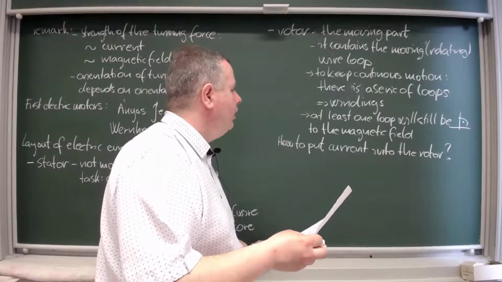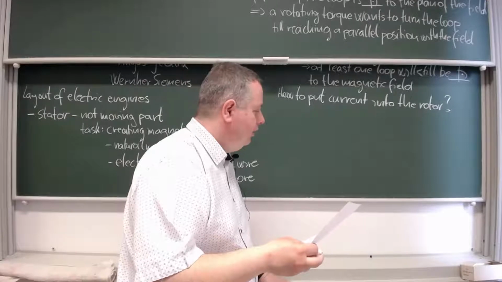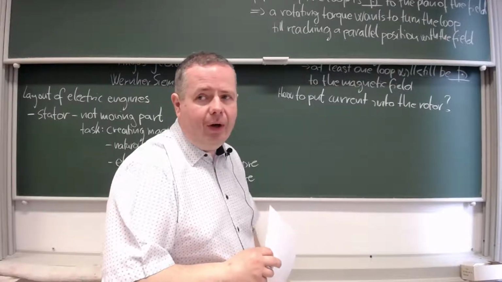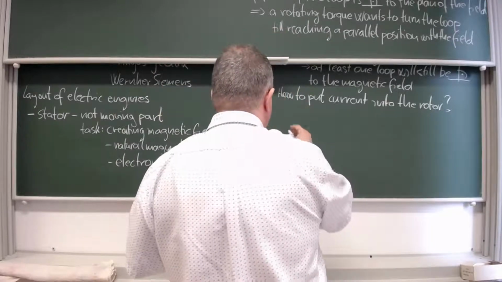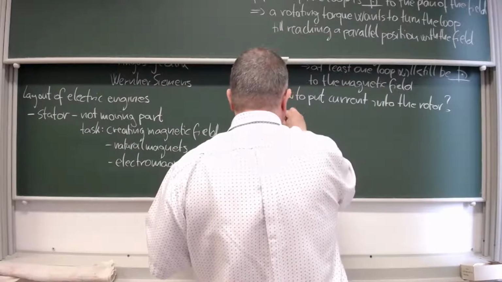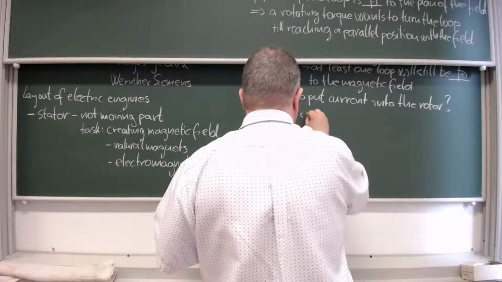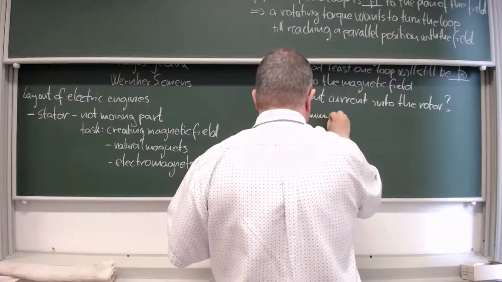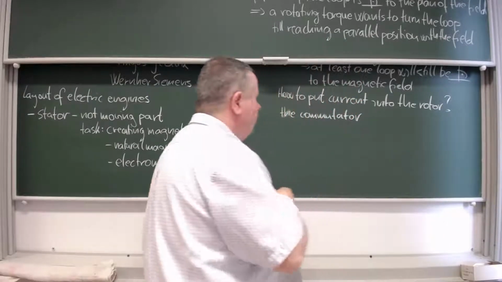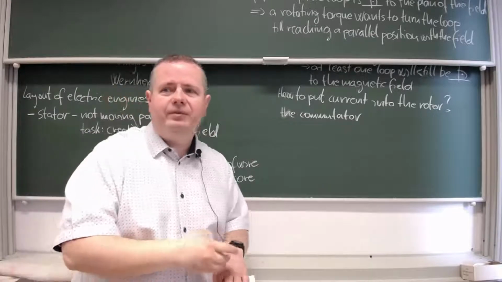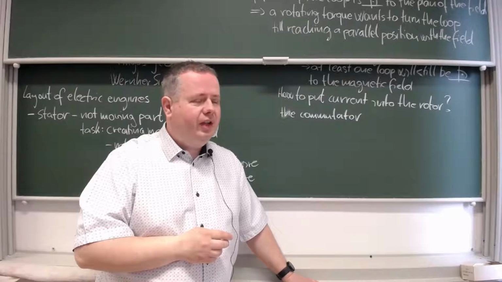The wire loop ends are brazed to a part called the commutator. The commutator is like a cake. Okay? Commutator is like a cake.